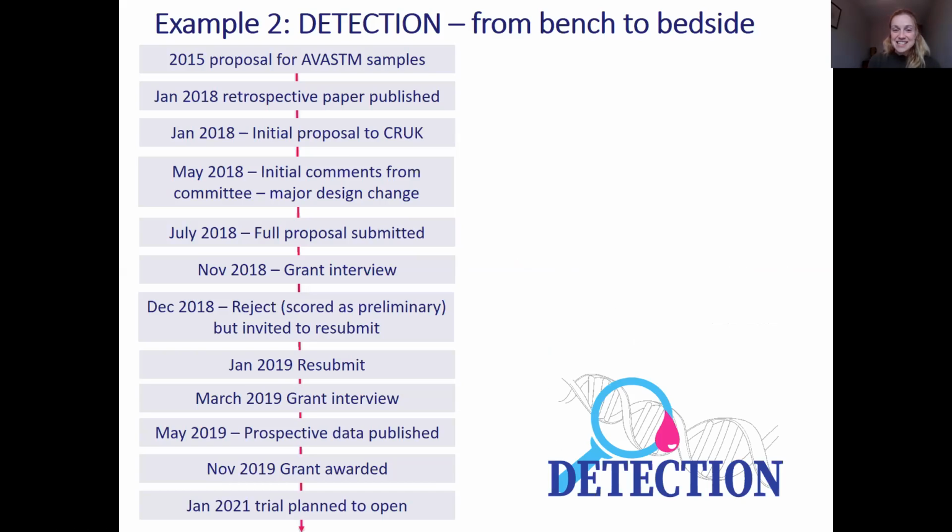As you can see, it's quite a long process, so it's really important to still be interested in the question at the end of, you know, 6 years. That's really bench to bedside research, and that's actually quite quick to go from the bench to phase 3.